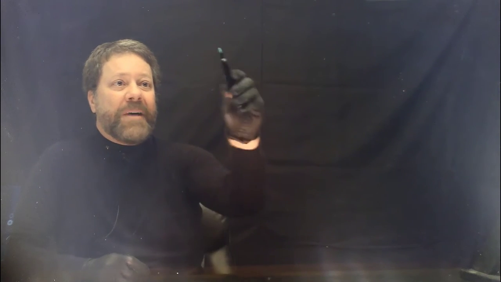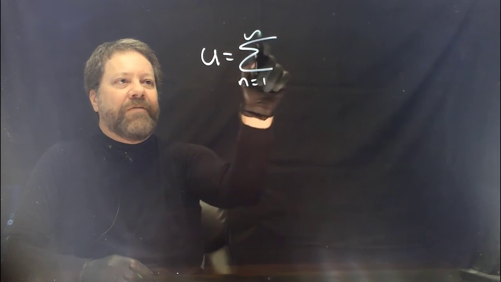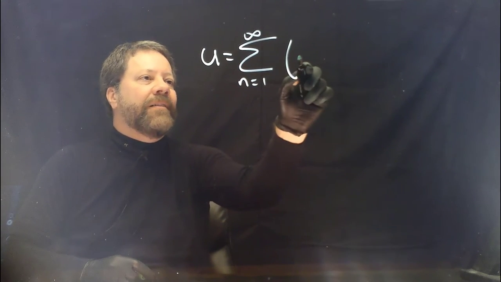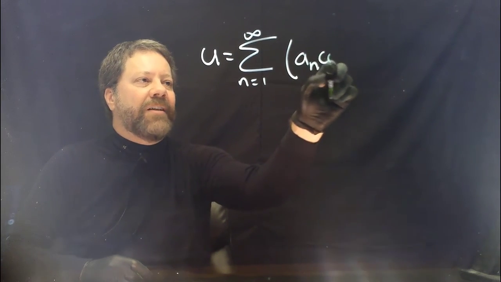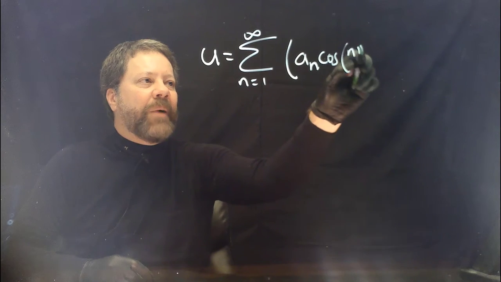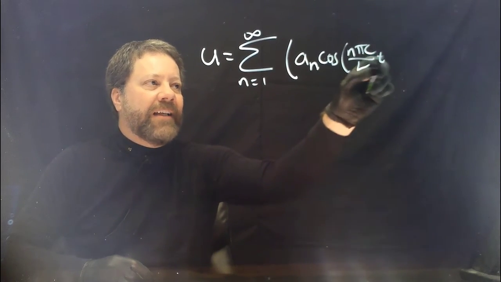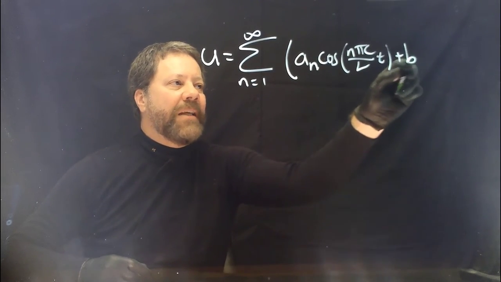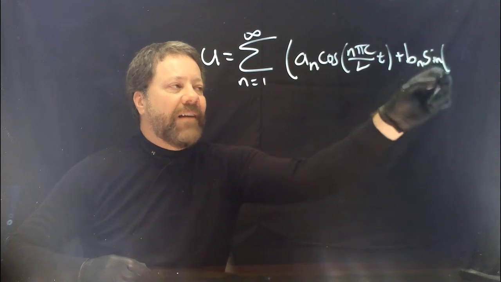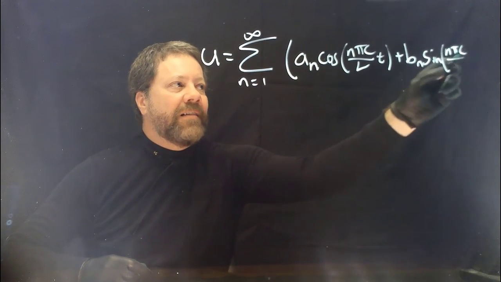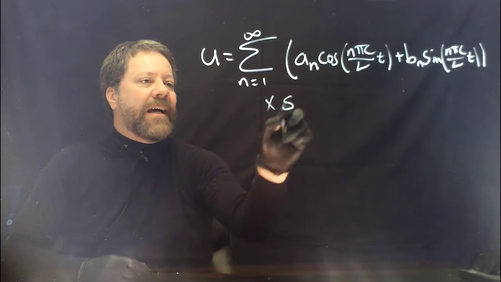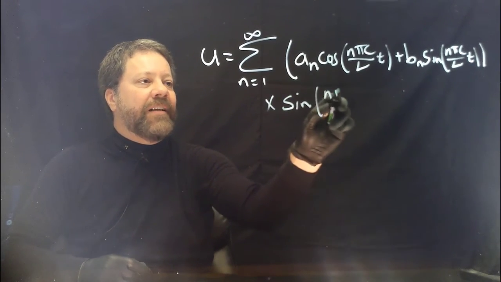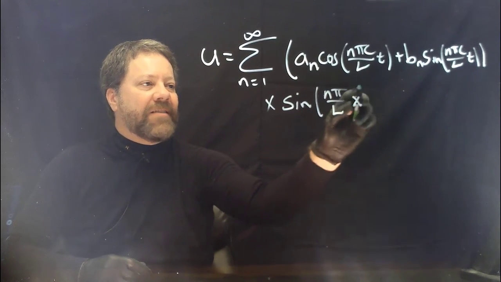Our solution must have the form u is the sum, as n goes from 1 to infinity, of, let's say, an times the cosine of n pi c over L t plus bn sine of the same thing, all times the sine of n pi over L x.